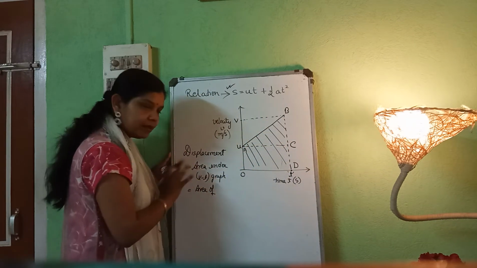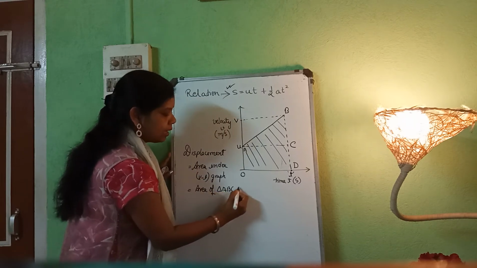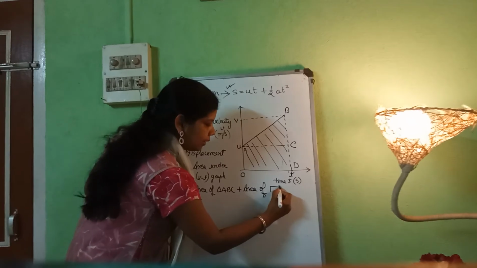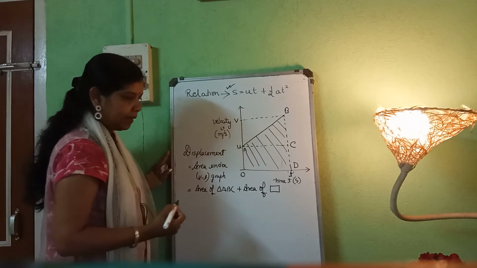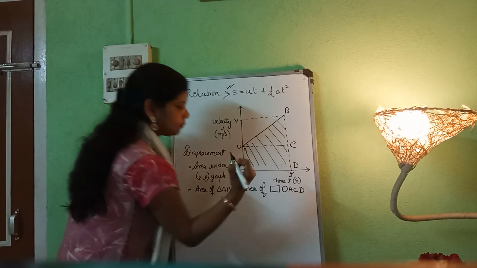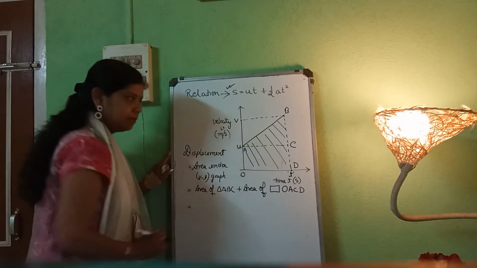Will I get the area under the graph? So I will write area of triangle ABC plus area of rectangle OACD.